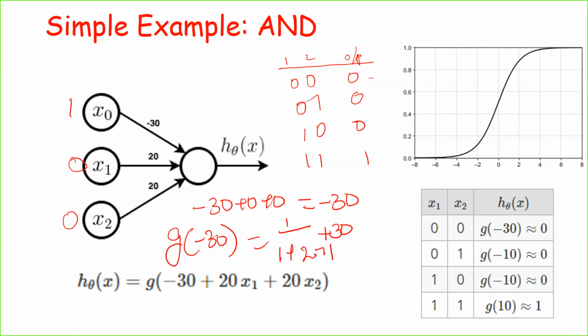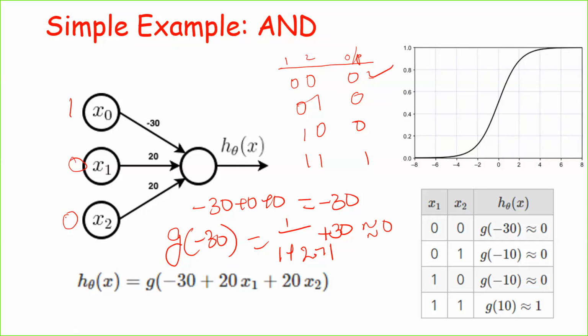What happens when you divide 1 by a very big number? The result is close to 0. So it's close to 0, and that's what we expect.